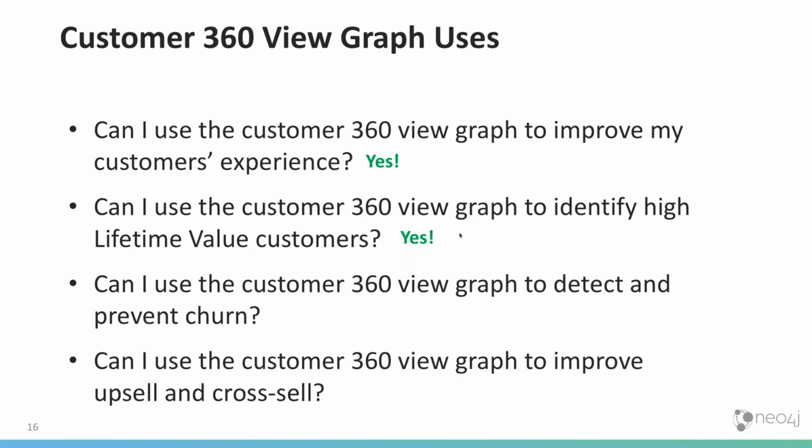Being able to combine all this information together gives you a view of how likely your customer is to buy future products based on their past behavior. And then you can focus on serving those high lifetime value customers especially well.